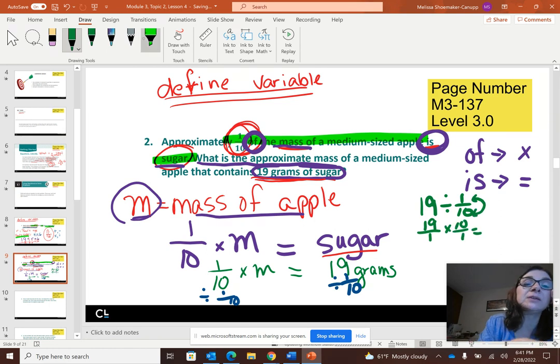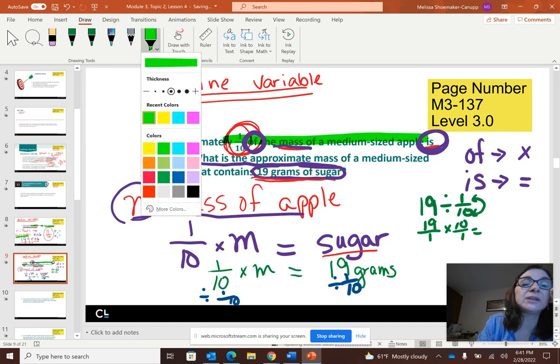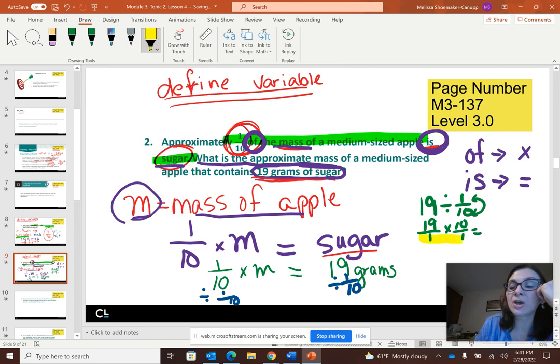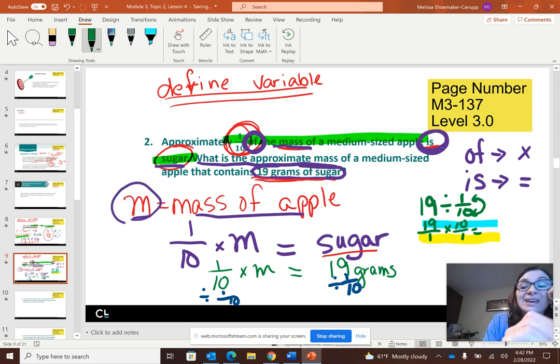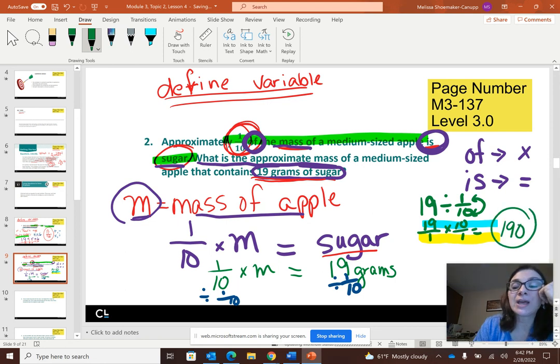And I love it when there's ones down here in the denominator, because anything divided by 1 is just itself. So those can just float away, and all I have to worry about is taking 19 times 10. And that gives me the answer. 190 grams is the mass of the apple, because 1/10 of it, 19, is sugar, and that's what we were told.